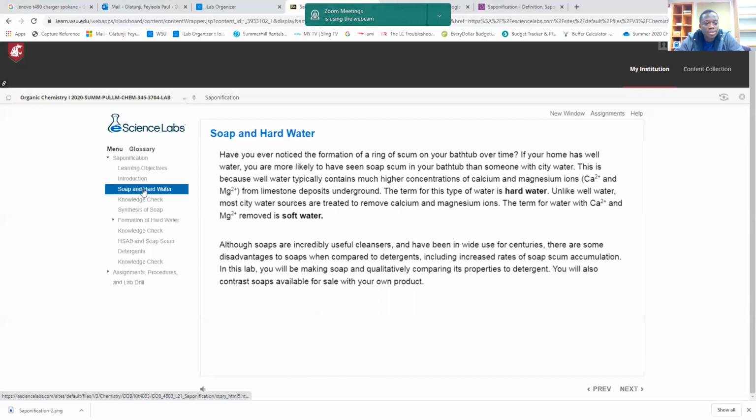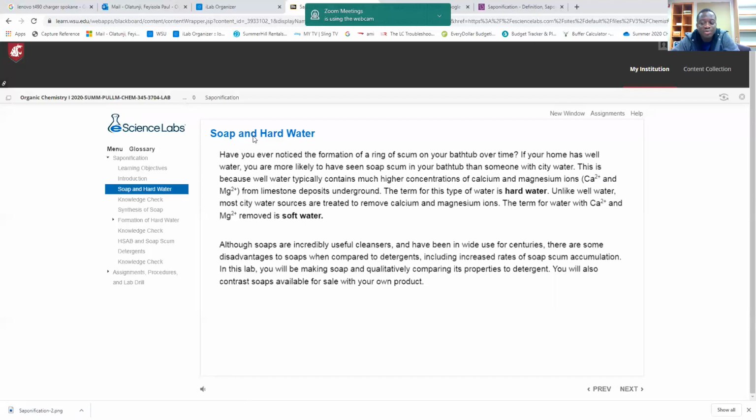So now there is also something known as soap scum, that's usually formed when you're trying to wash something, or you generally see soap scum in your bathtub after a long period of time. So soap scum forms as a result of the interaction of your soap molecules with the calcium or magnesium that's found in the water.